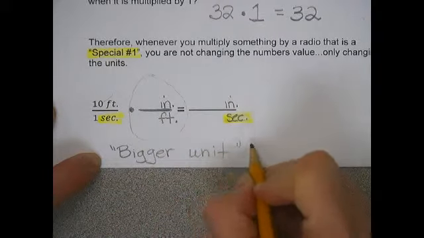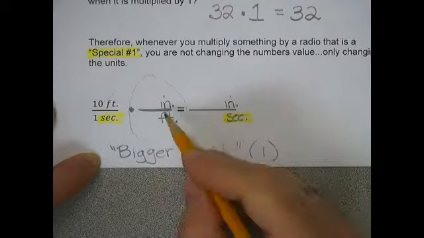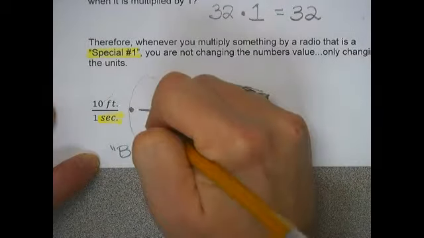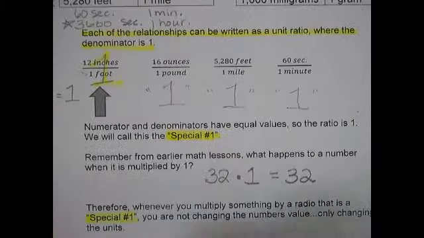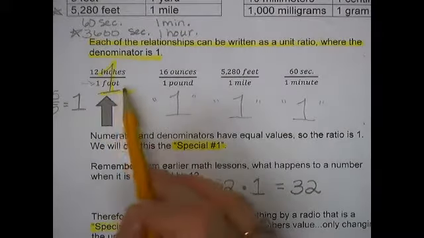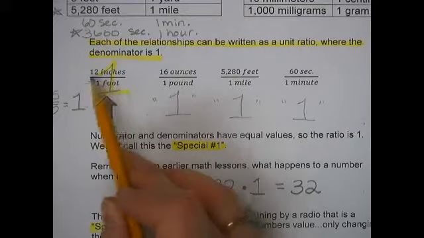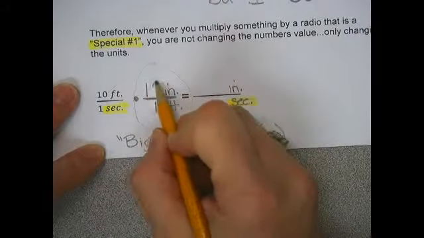Now, I always tell kids to decide which of these units is the bigger unit. Whatever the unit is bigger, you're going to put a 1. So is an inch or a foot bigger? Well, a foot is bigger, so we put a 1 here.